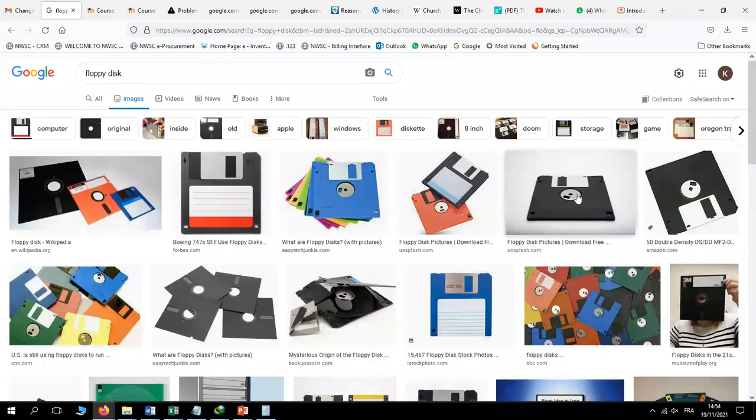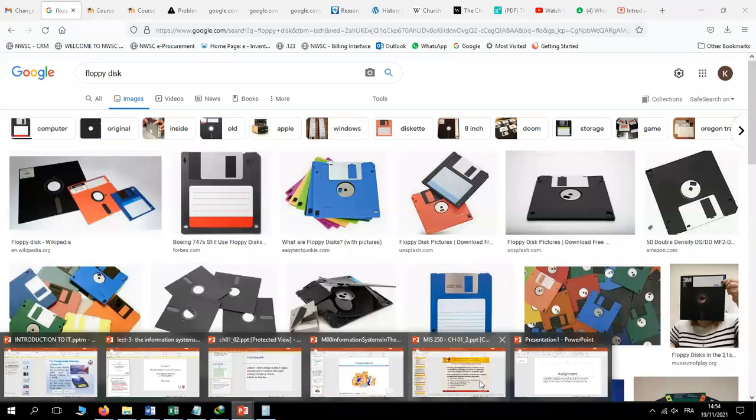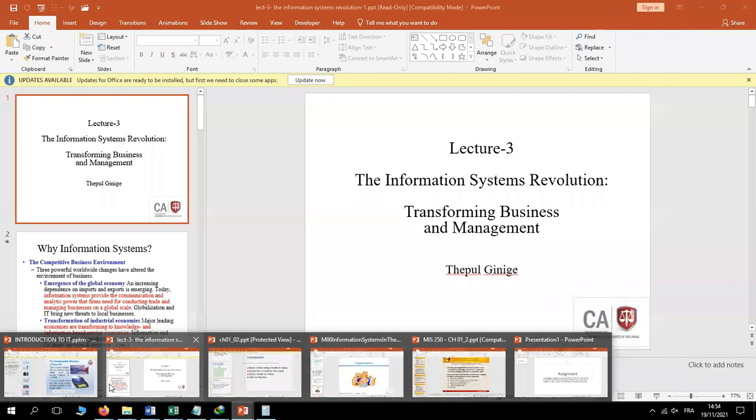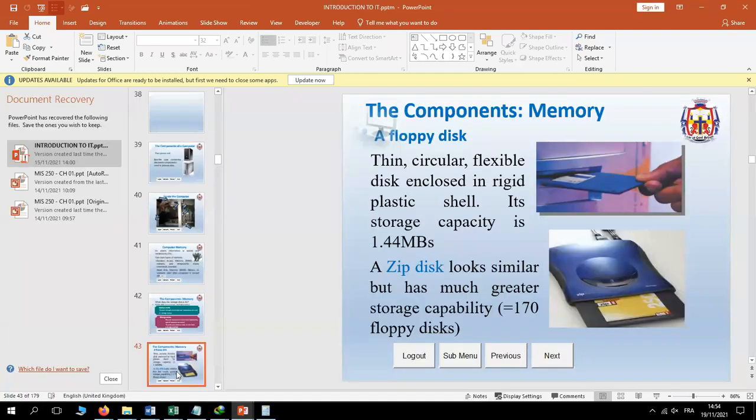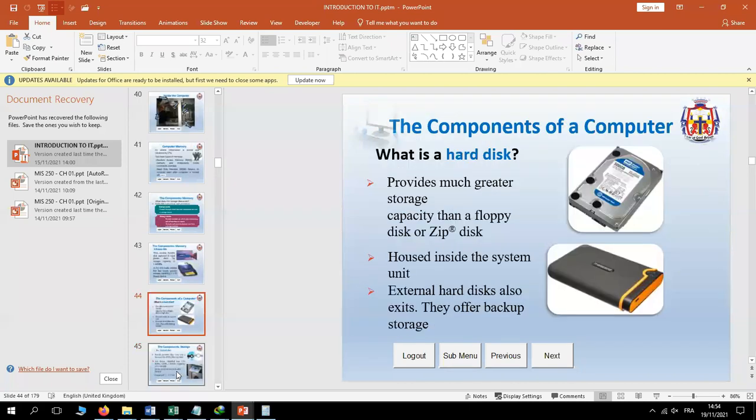Then moving on, ladies and gentlemen, you will find that we have other storage devices we can use, okay? Such as, for example, the hard disk. With the hard disk, we have two types or two categories of hard disks. We have those that are external and those that are internal.